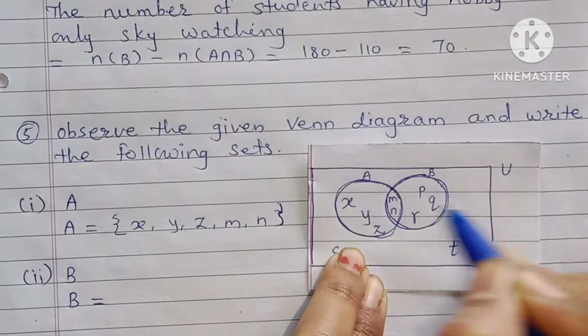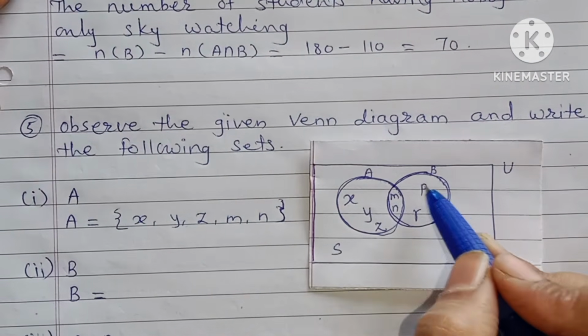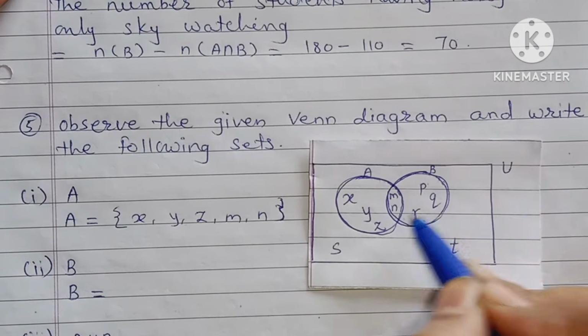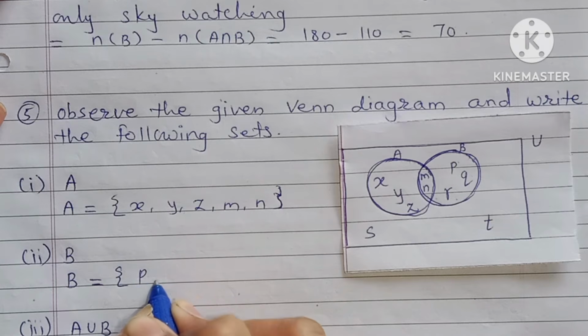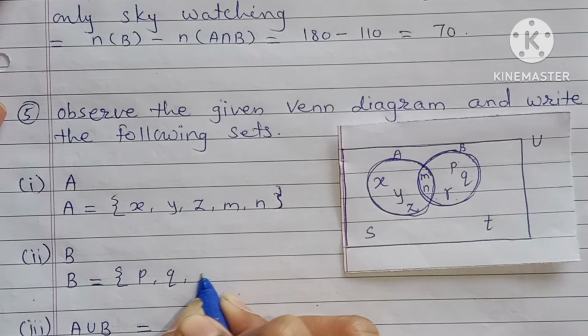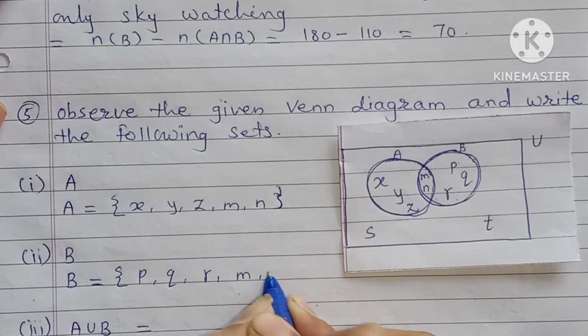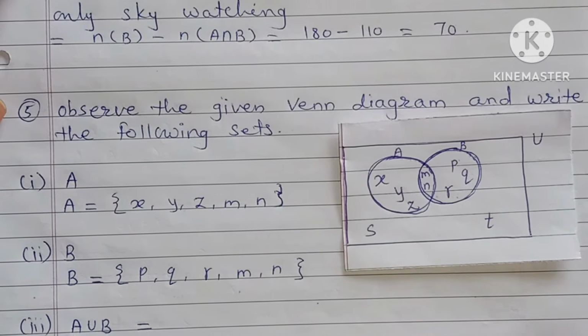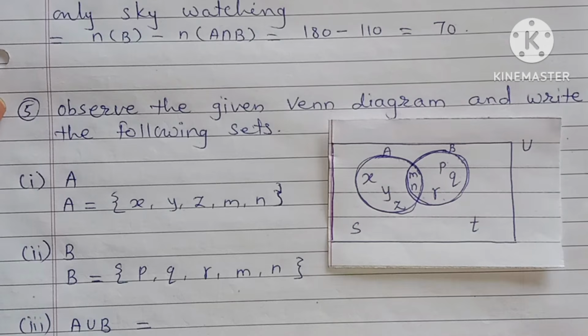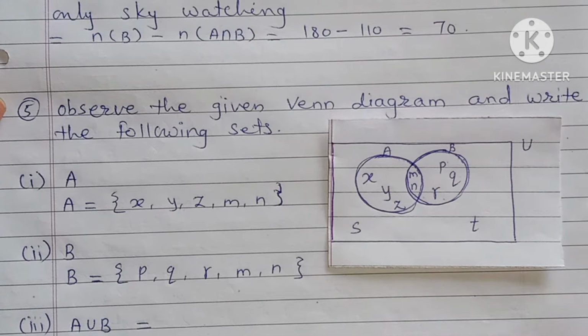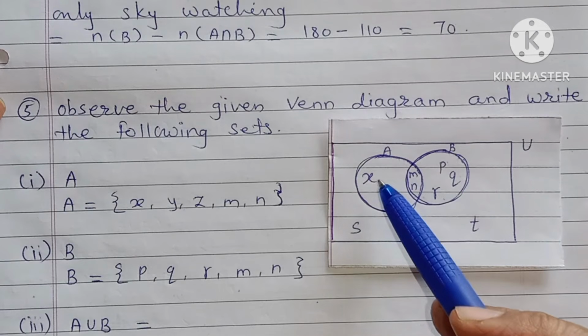In set B, which elements are there? P, Q, R, M, and N. These elements are there. After that, A union B. In A union B, all the elements are there.